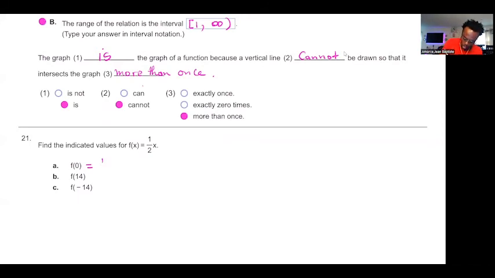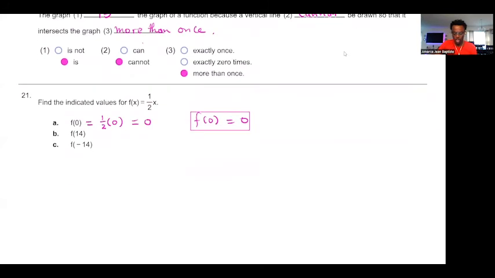So that's 1/2 times 0 equals 0. So f of 0 equals 0. That's your answer. You need to know how to give clean work. That shows me how clean the thing is in your brain.